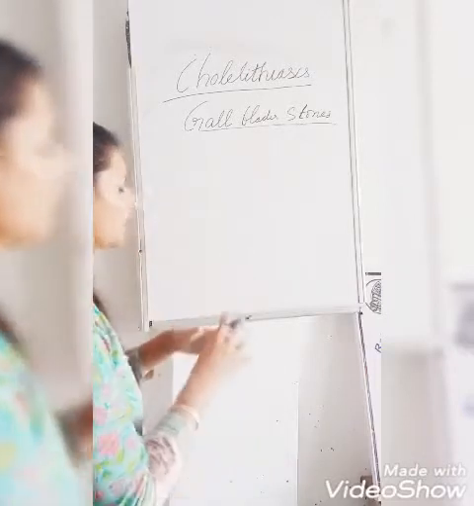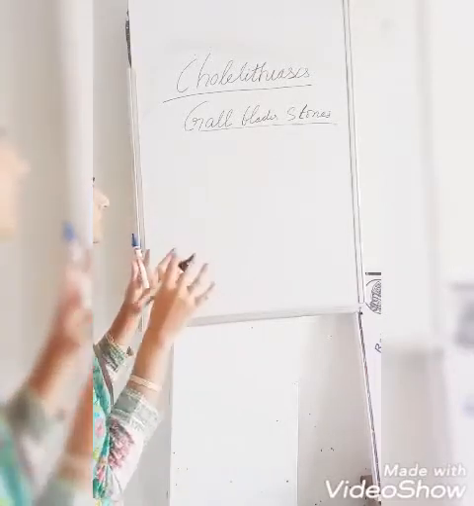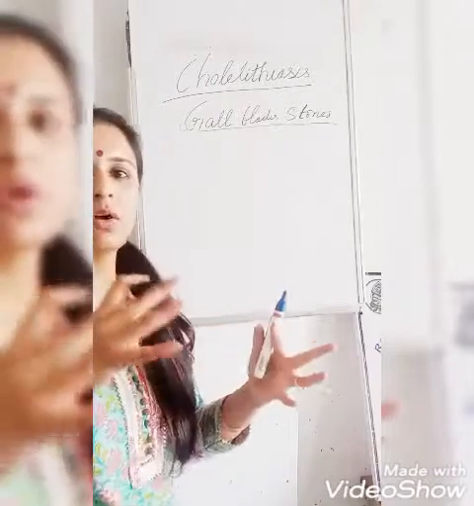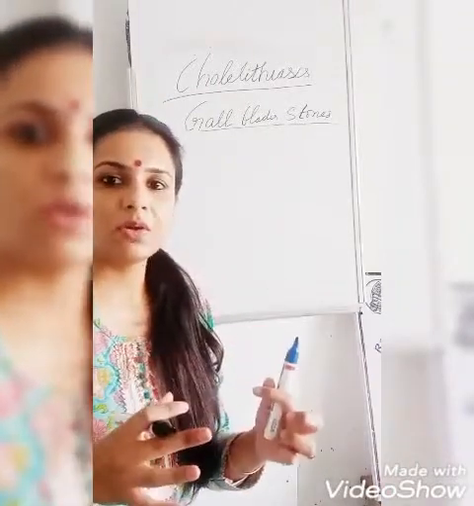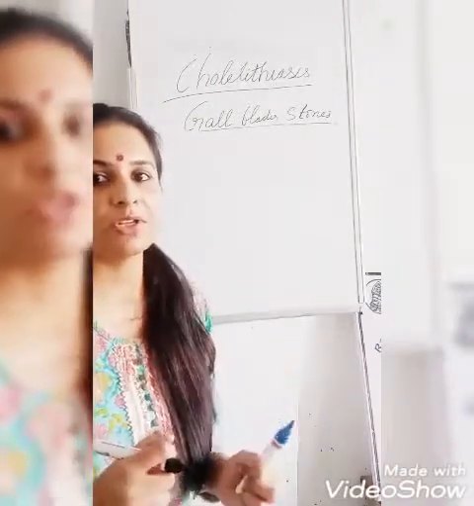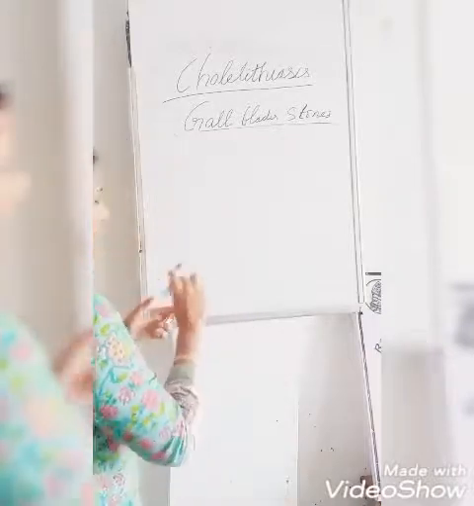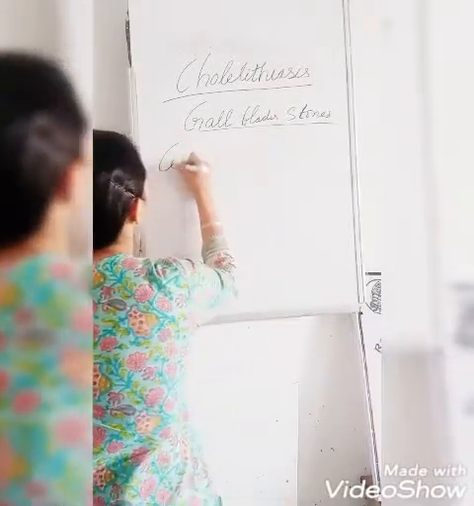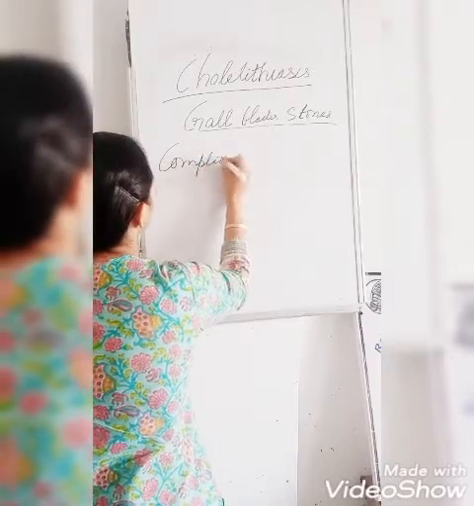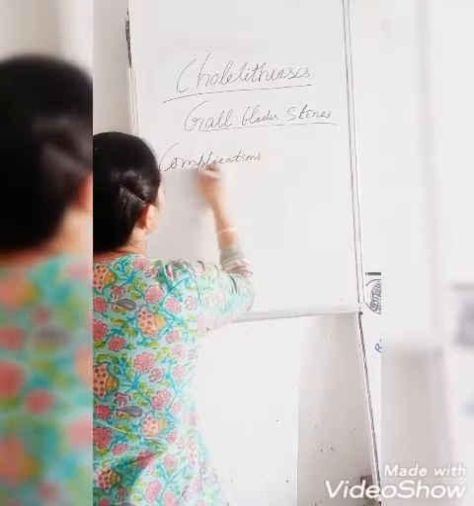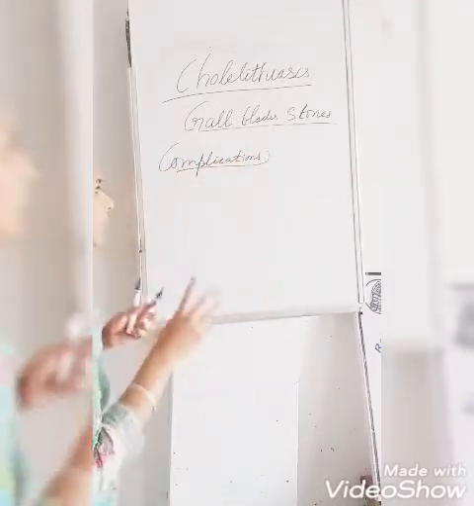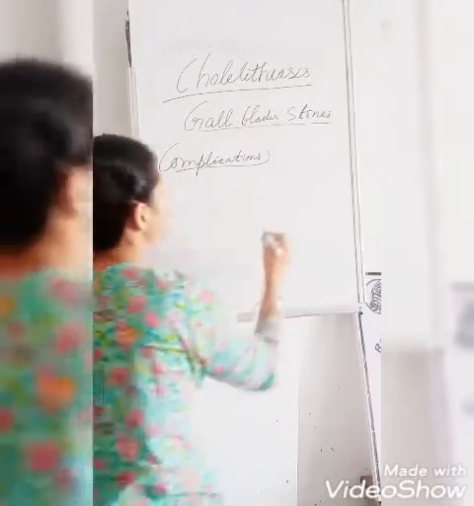Now what happens when this gallstone is in the gallbladder? It will cause irritation and inflammation of the gallbladder. So, complications. In complications, this gallstone will cause inflammation and irritation of the gallbladder.